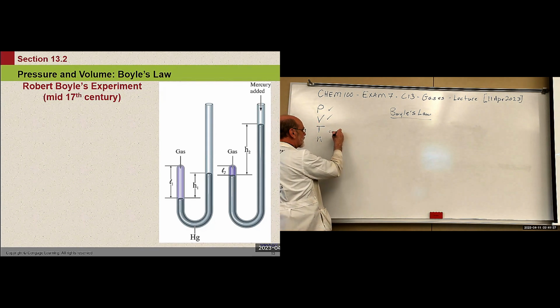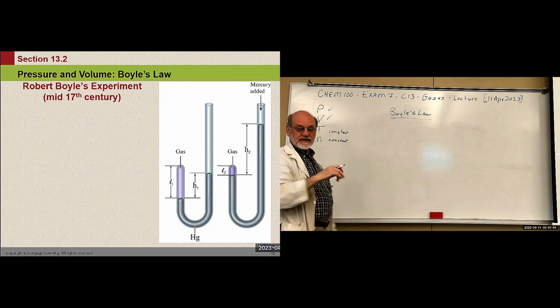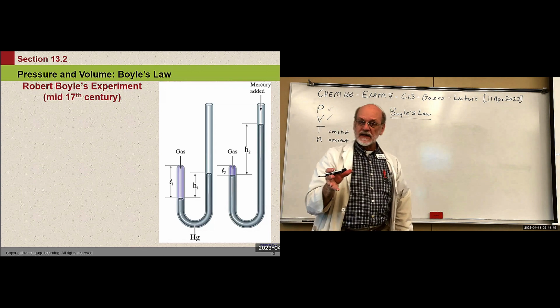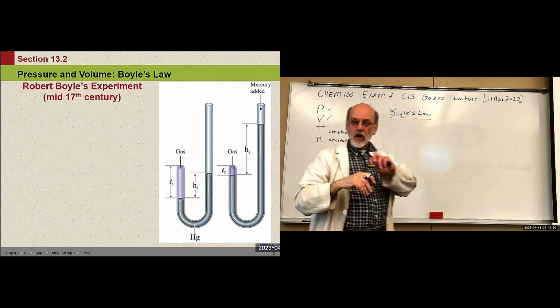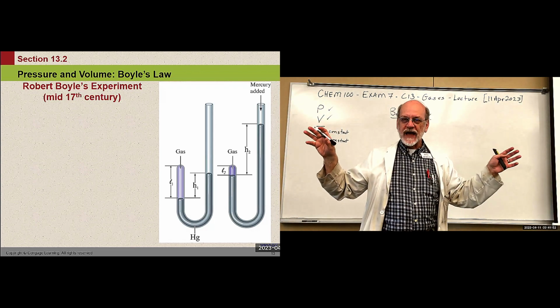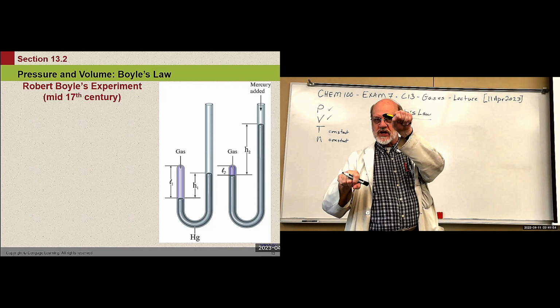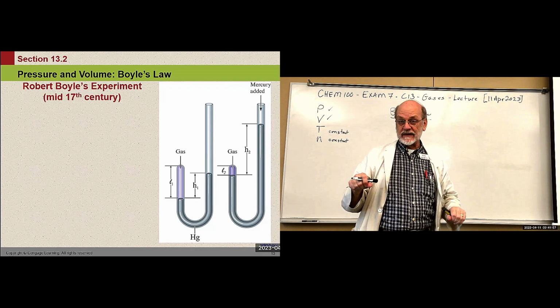So he had to be sure that this one was constant and this one was constant. And this illustration is how he did it. He used a J tube, right? A long tube of uniform diameter, he just bent it into a J and sealed it at one end.